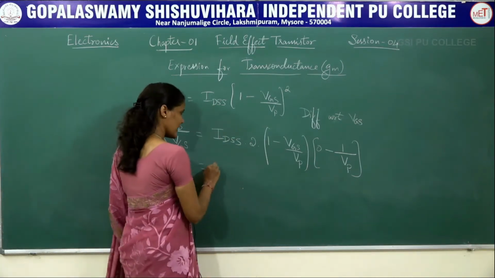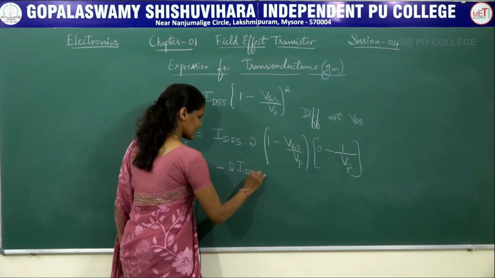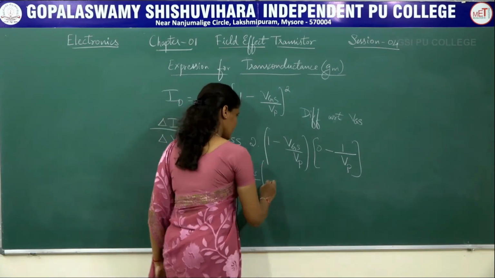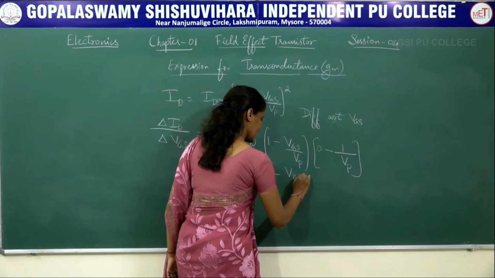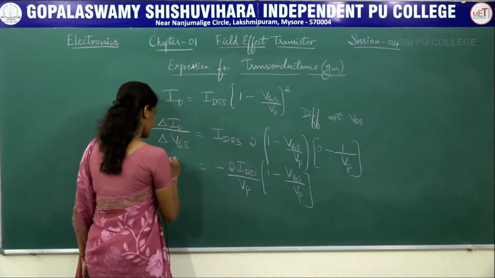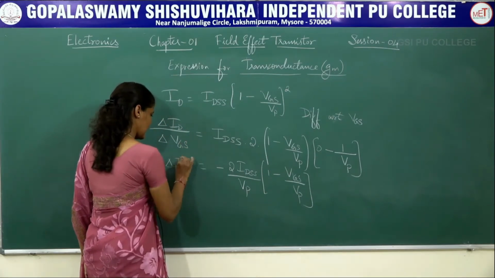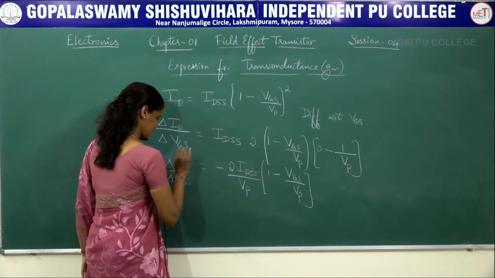So let us try to rearrange this expression. Minus 2 IDSS divided by VP, in the bracket I am going to get 1 minus VGS by VP. So this is delta ID divided by delta VGS.